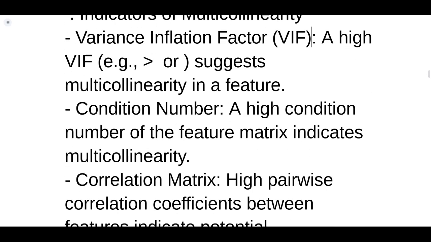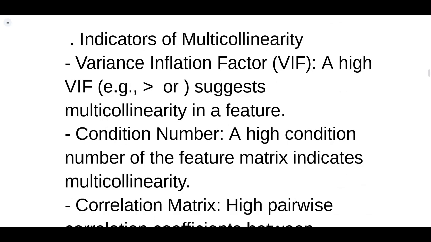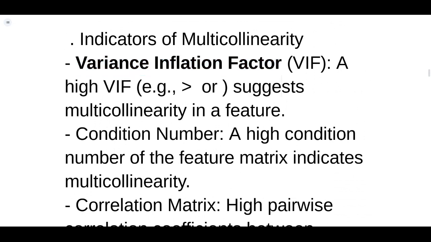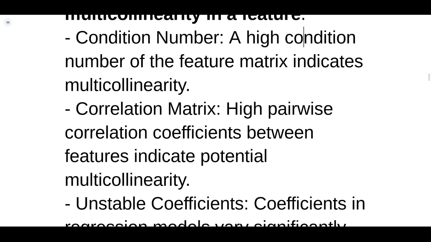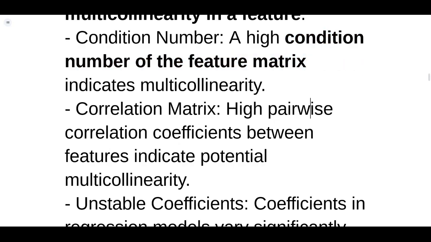Now, indicators of multicollinearity. Variance inflation factor suggests multicollinearity in a feature. Condition number: a high condition number of the feature matrix indicates multicollinearity.